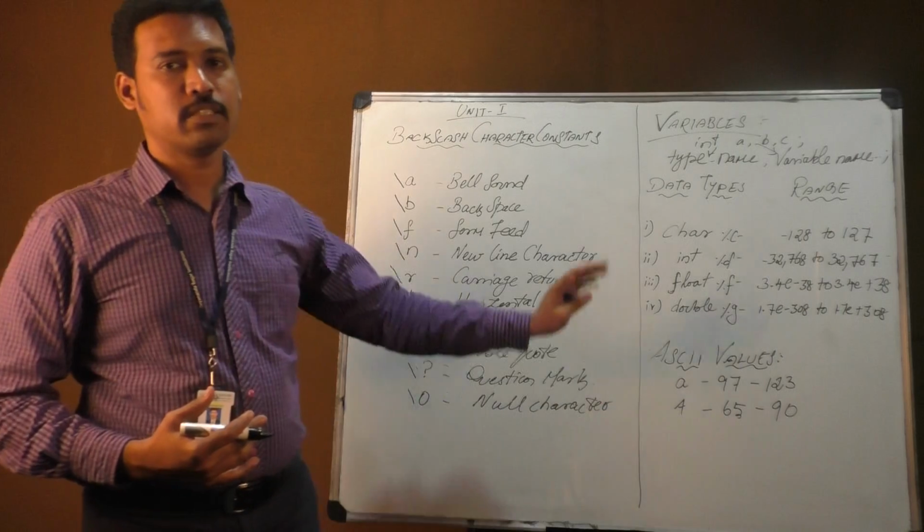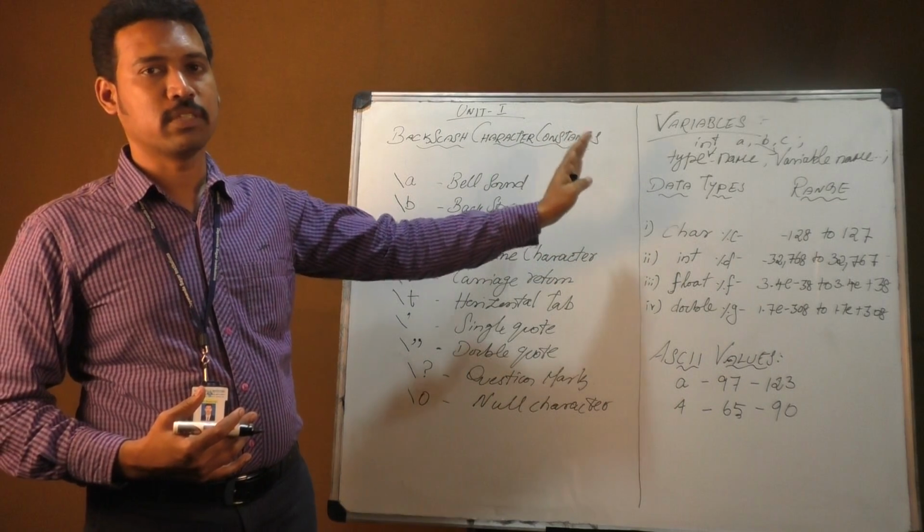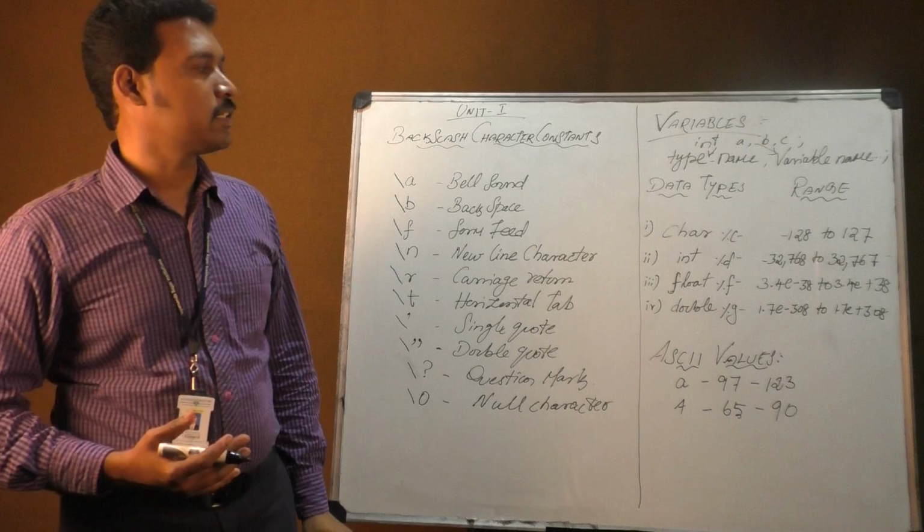So these are the basic data types available in C. The other features we will discuss later.